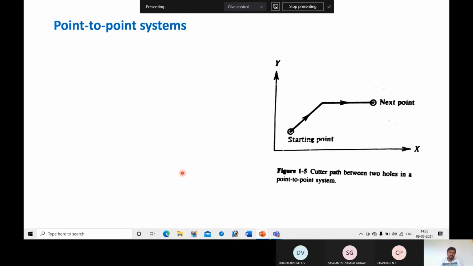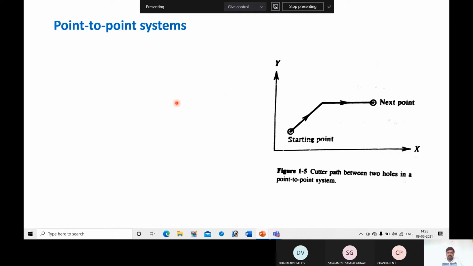So first, consider point-to-point systems. Here we are not concerned about the path in which the tool will move, or the path in which we are going to move the XY table. This is suitable for a drilling machine, where if we are able to position the drill bit where we want to drill a hole on the rectangular block or any work part, that is sufficient.